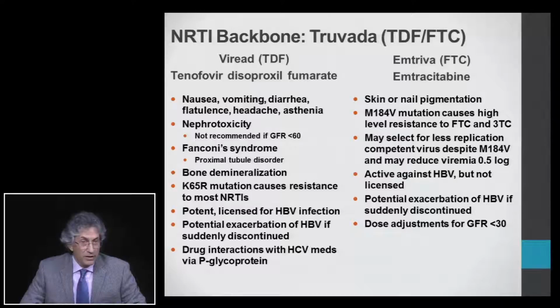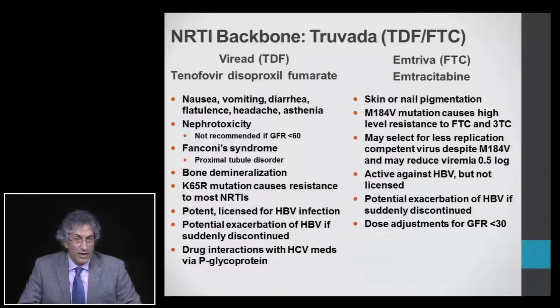It does have some drug interactions with hepatitis C meds via a different mechanism, P-glycoprotein. So sometimes we avoid this drug when we're giving certain of the hepatitis C medicines. As I said, this is almost always paired with Emtriva, emtricitabine or FTC. It's a very low toxicity drug. It sometimes causes skin or nail pigmentation.